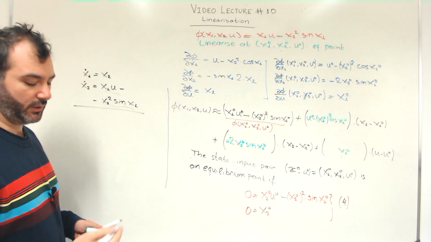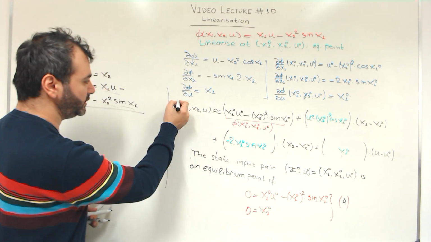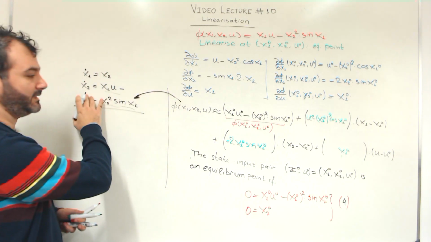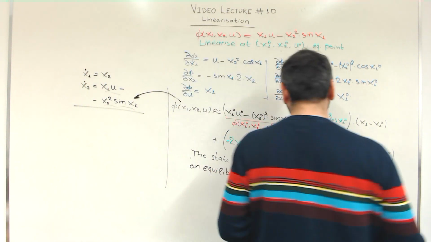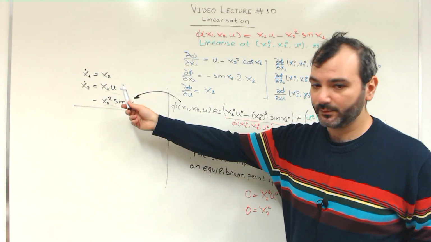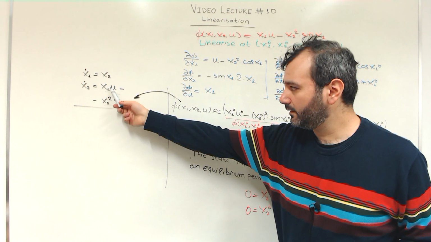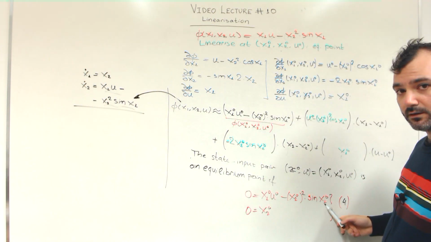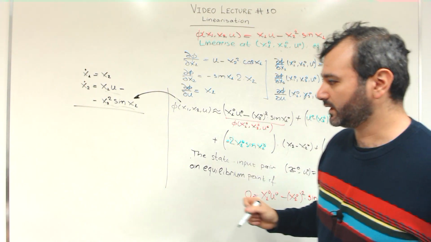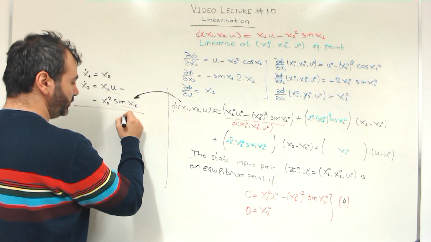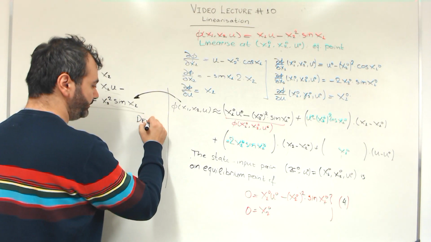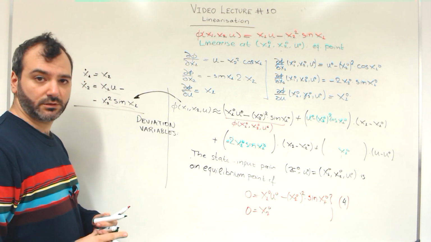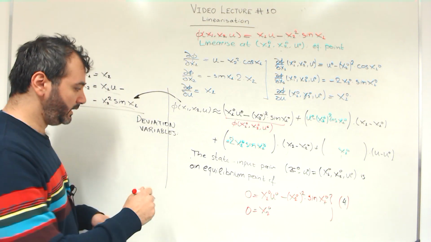What I would like you to do here is to take this approximation and plug it in here so as to approximate the second equation, which is a nonlinear equation. Then subtract by part this equation by this one and introduce deviation variables. What are the deviation variables you need to introduce? Of course, they are the same as before.